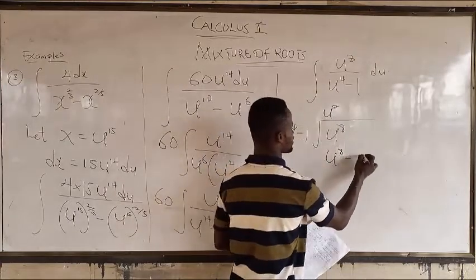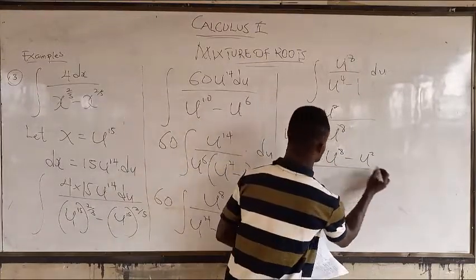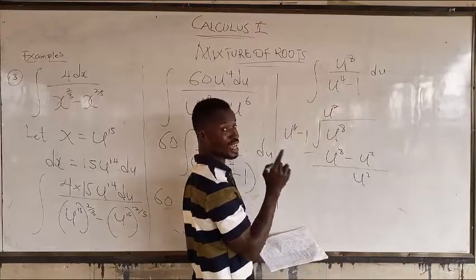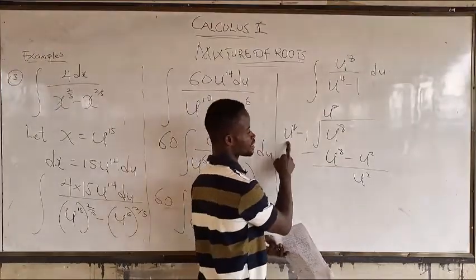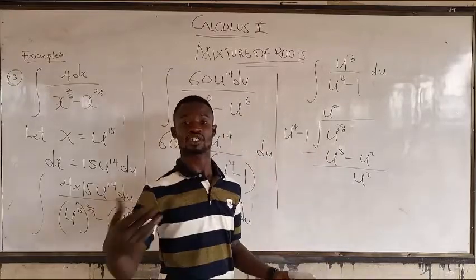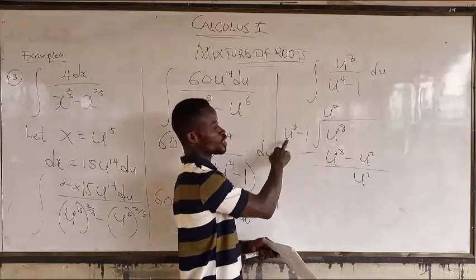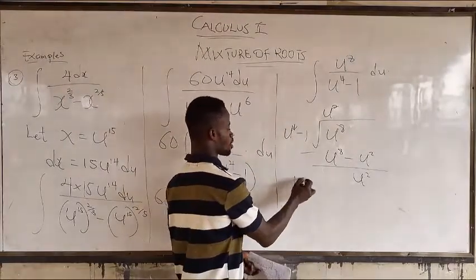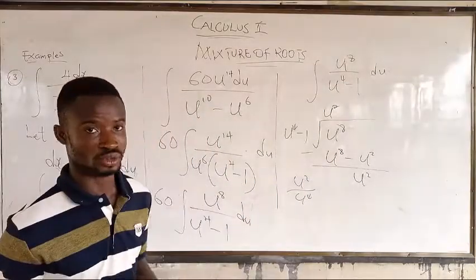Then next time this, you get minus u squared. Very good. So you go and subtract. So we get u squared here. And now watch. You can see that you can divide this by this, it will be proper, not improper. So you don't need to go and do that. So you leave it.